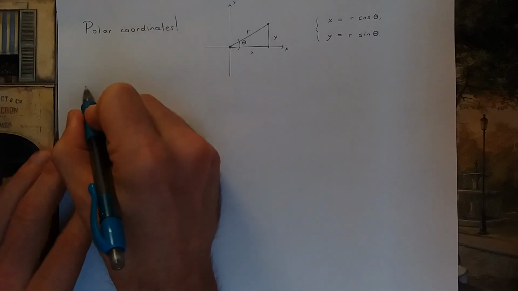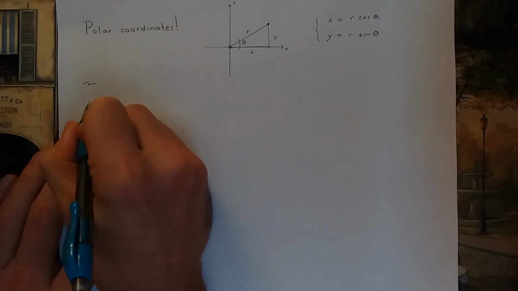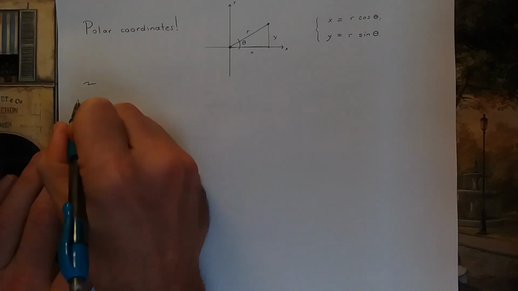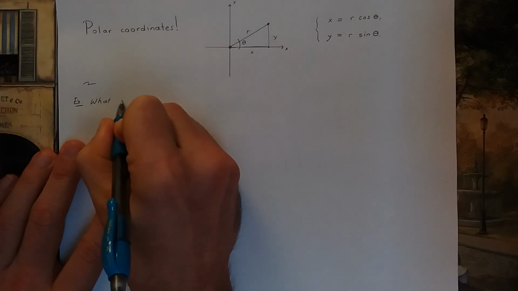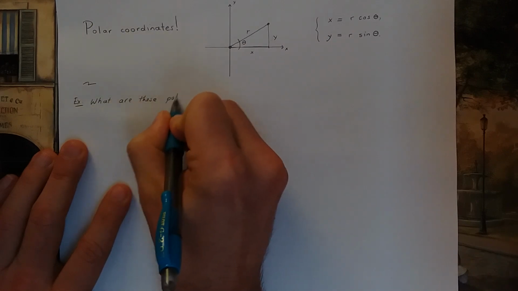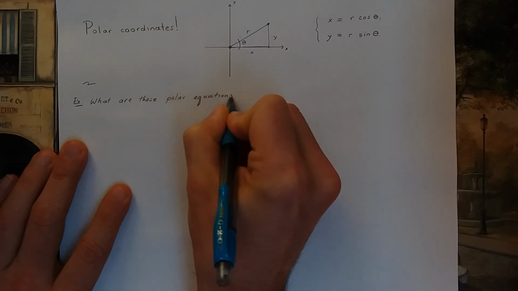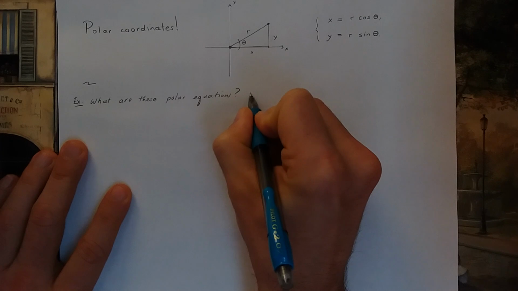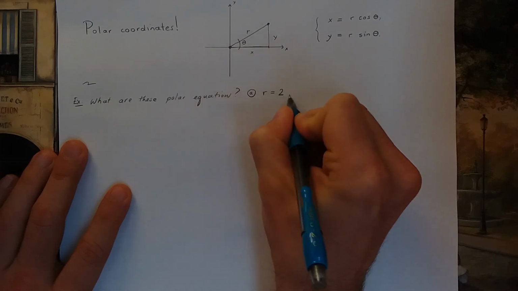Let's do some examples to see what some polar equations might look like. So here's an example. What are these polar equations? Let's do three of them. How about A? Let's do r equals 2.